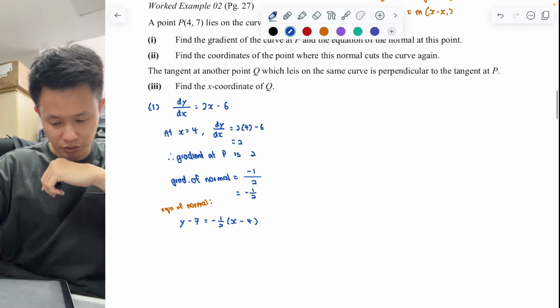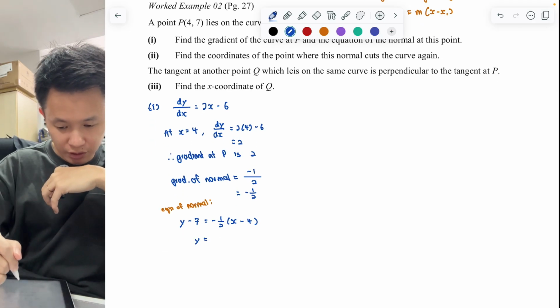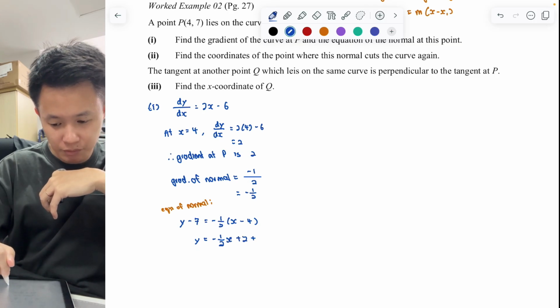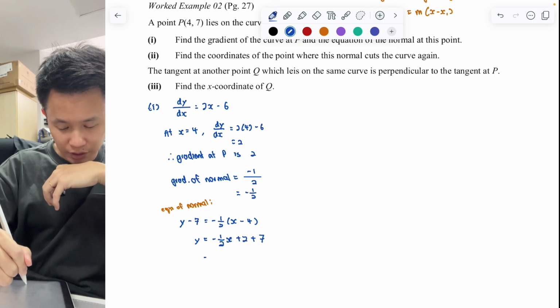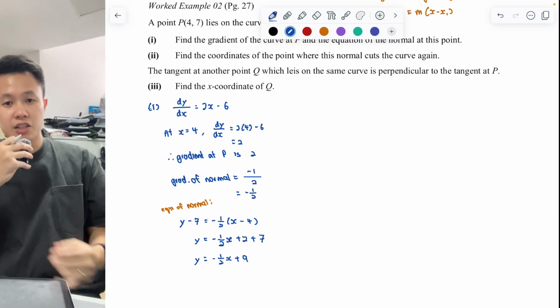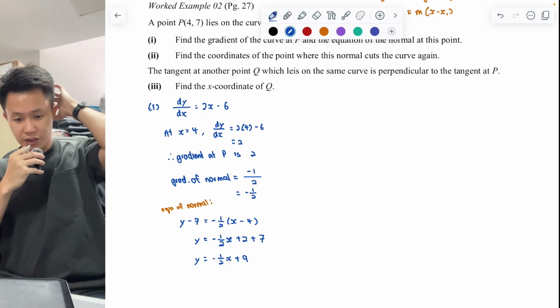Simplify this and you will get y equals -1/2 x plus 9. That's how you figure out the equation of the normal.